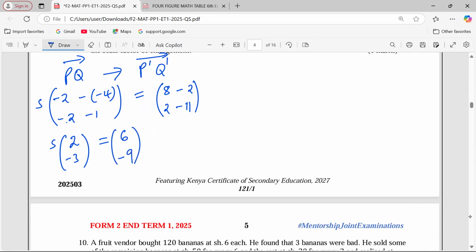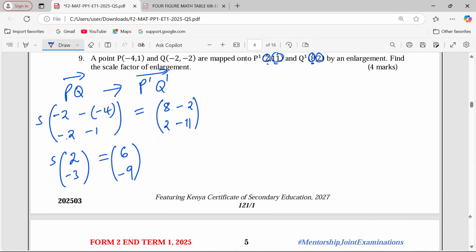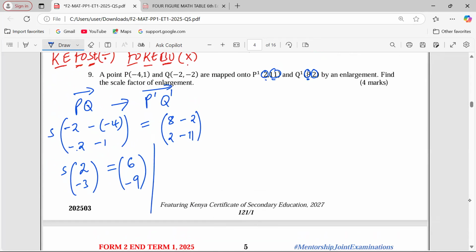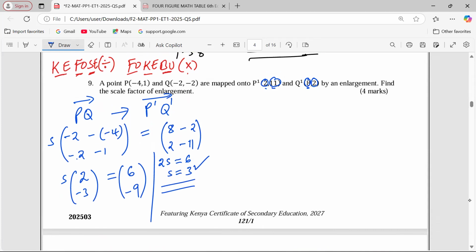So when we use the x components, we can say 2s equals 6, so s equals 3. And also from the y components, -3s equals -9, such that if you divide through by -3, then you will get +3. Therefore, the scale factor is confirming to be +3. That is the scale factor of the enlargement.